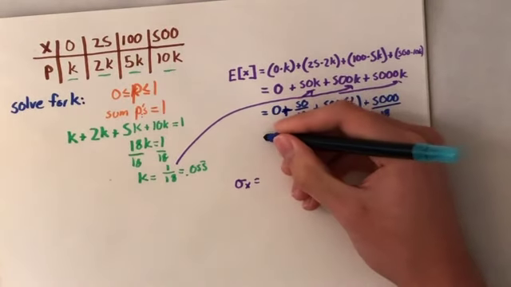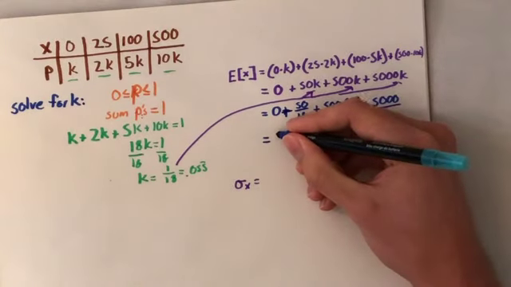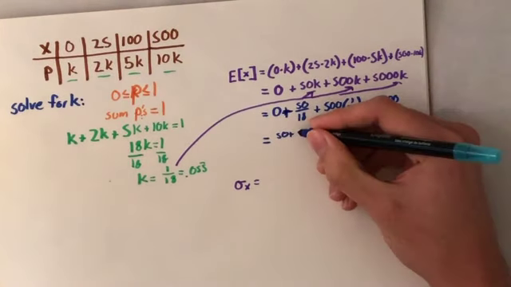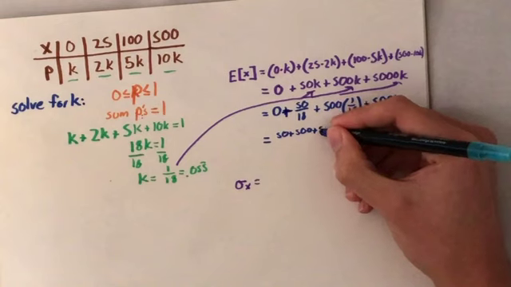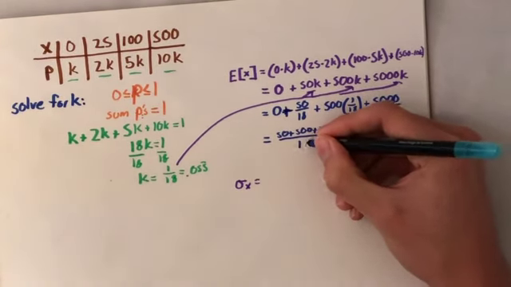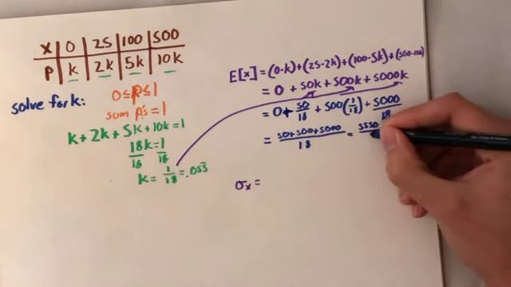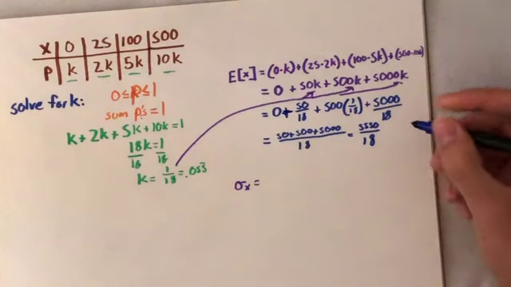Once you get that, I don't have a calculator on me right now, but we get 50 plus 500 plus 5,000 over 18, which is 5,550 over 18.